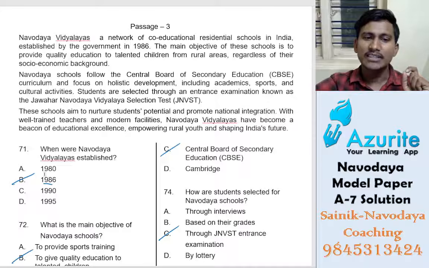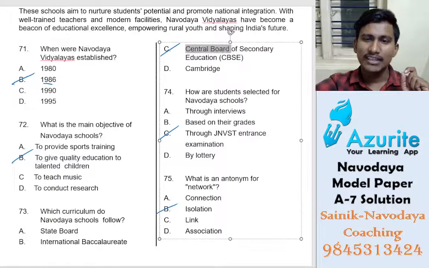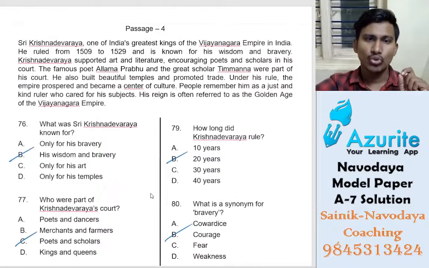So here 71 is A, 72 is B, 73 is C, 74 is C, 75 is B. Next passage 4.